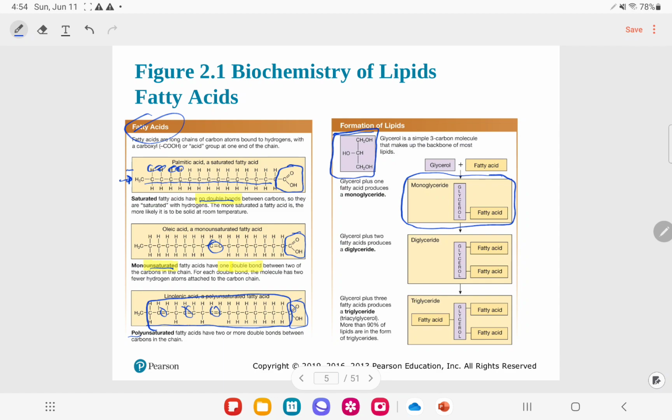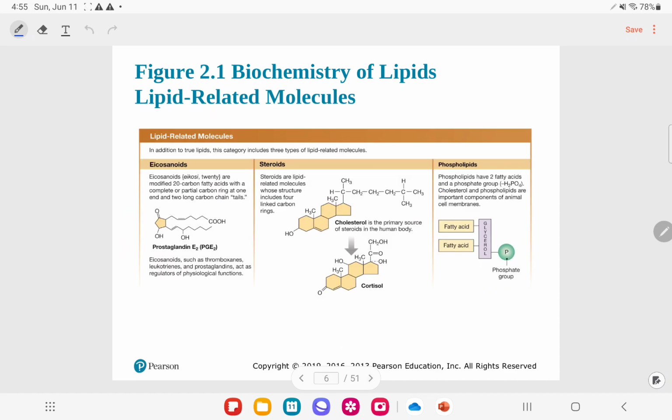Mono means 1. If you have a glycerol backbone plus 2 fatty acids, we're going to have a diglyceride. The most common one that we're going to see, where more than 90% of the lipids are going to be in this form, is a triglyceride, right? Triglycerides have that glycerol backbone and 3 fatty acid tails, okay?